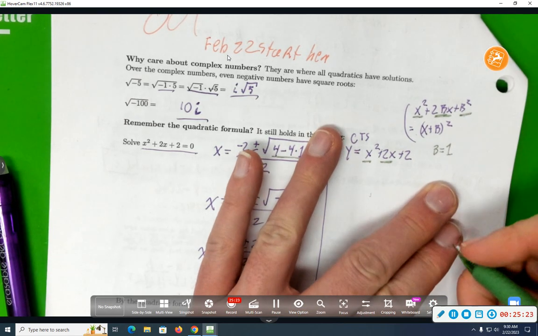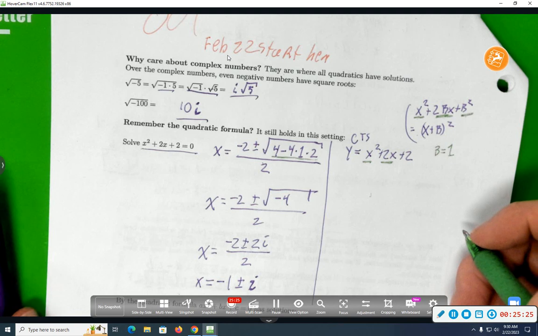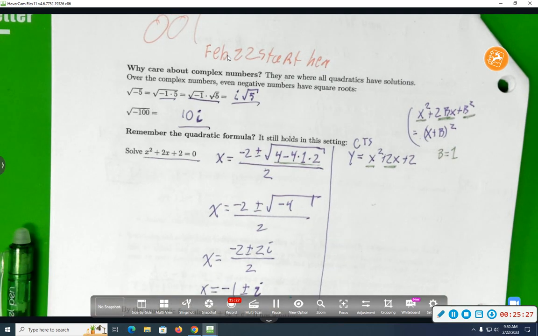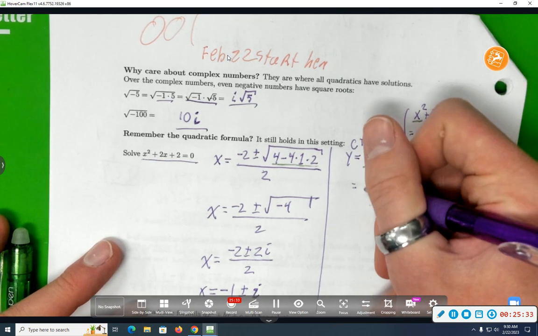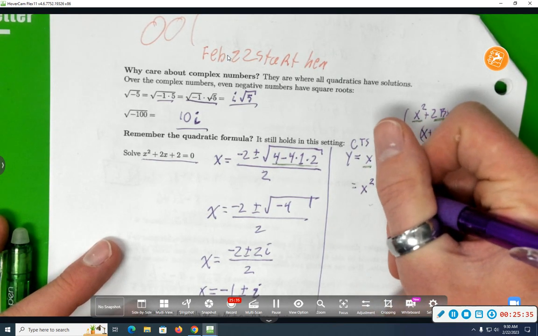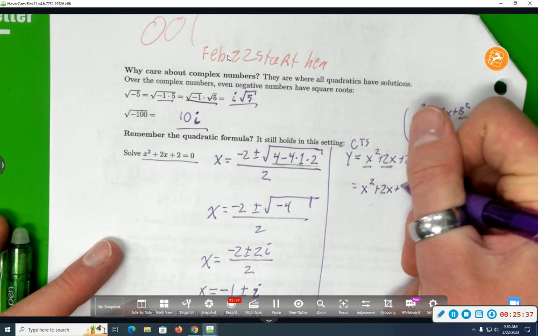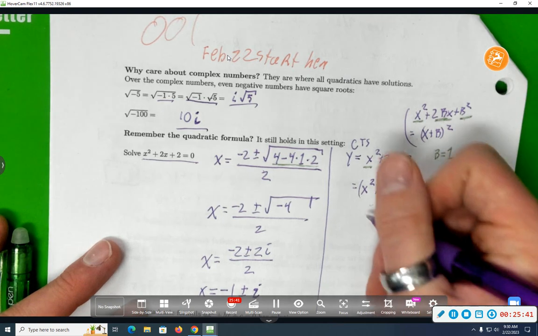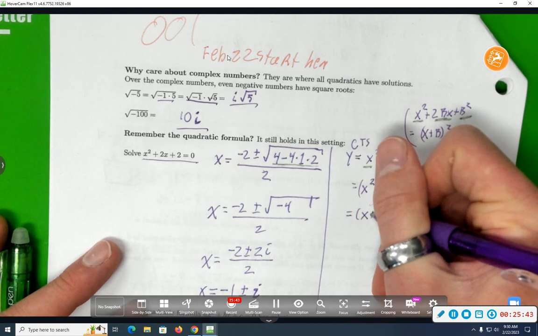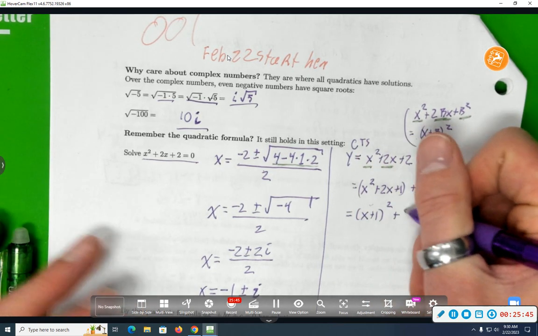So what's b squared? 1? Yeah, so I would like to see a plus 1 showing up. And I can. X squared plus 2x plus 1. I can pull a 1 out of that too. That becomes x plus 1 squared plus 1.